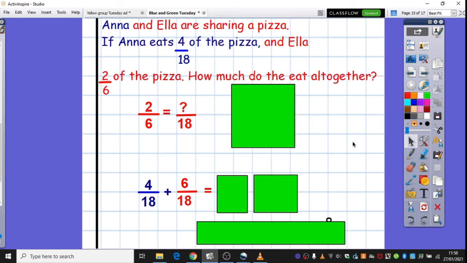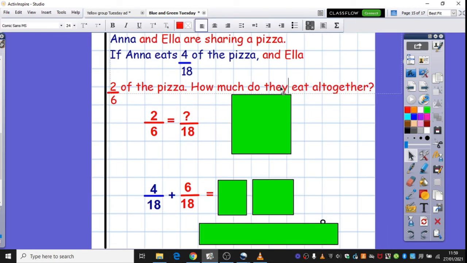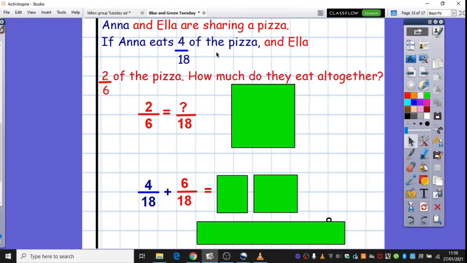Let's have a look at how we're going to apply that to the problem today then. Anna and Ella are sharing a pizza. If Anna eats 4/18 of the pizza and Ella eats 2/6 of the pizza, how much do they eat all together? So what we're looking at here is adding Anna's amount and Ella's amount. So we're looking at 4/18 add 2/6.